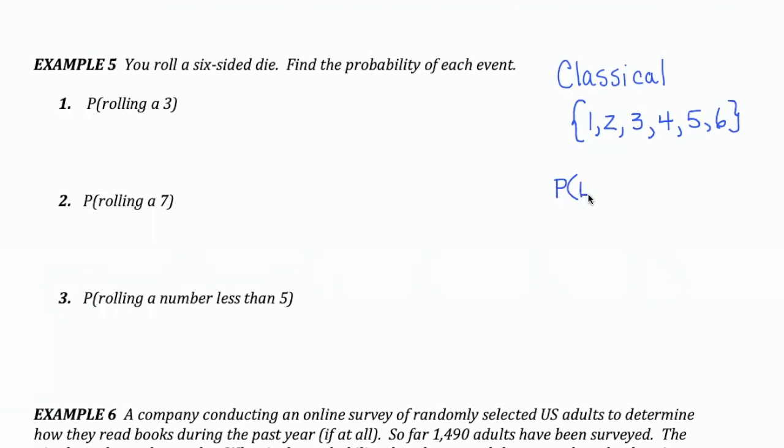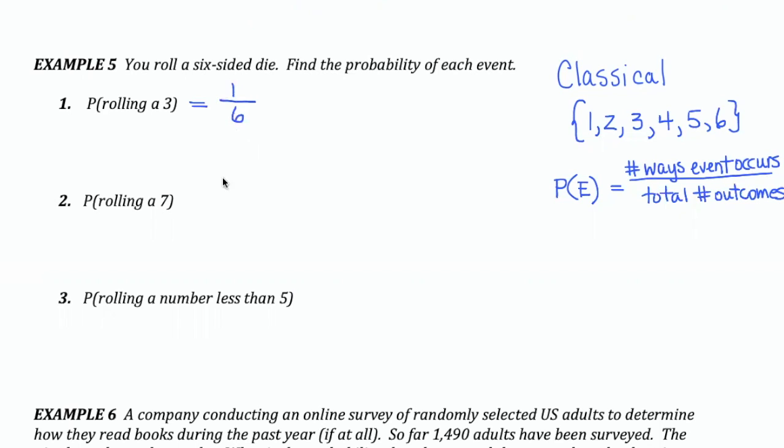So in how many different ways can I roll a 3? How many sides are labeled with a 3? There's only one. So my numerator for this fraction is going to be one, there's one way to roll a 3. How many total outcomes are there when you roll a six-sided die? There are 6.